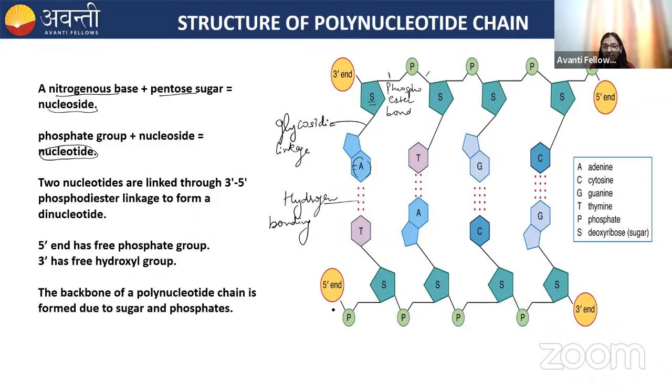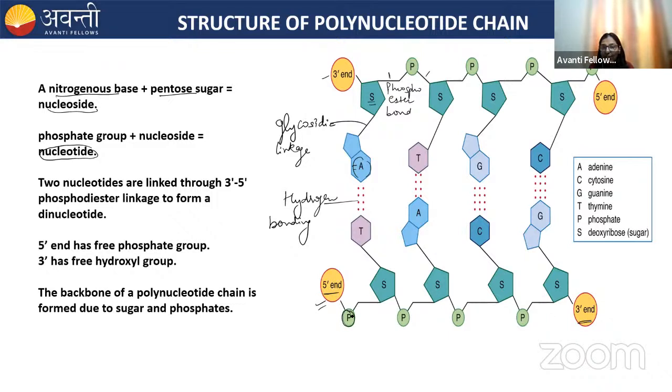And also remember that DNA has 2 strands. It is double-stranded, a double helical structure. So the 2 strands show anti-parallel polarity. For example, this strand has a 3' end and the other has a 5' end. Similarly, here one end is the 5' end and the other end is the 3' end.